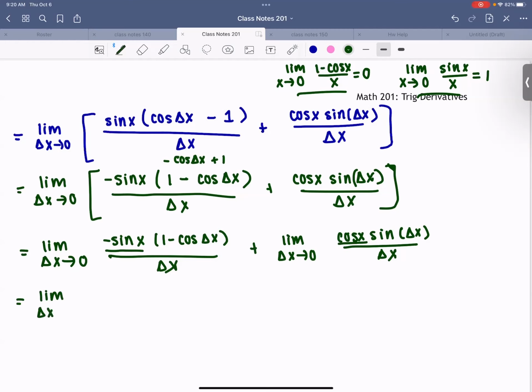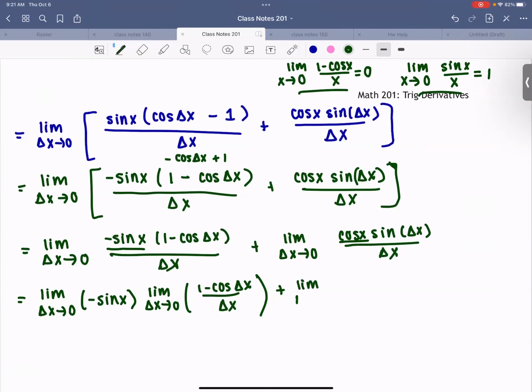So this is the limit as delta x goes to 0 of negative sine x, the limit as delta x goes to 0 of 1 minus cosine delta x over delta x. I'm going to split up the second one in a very similar way.